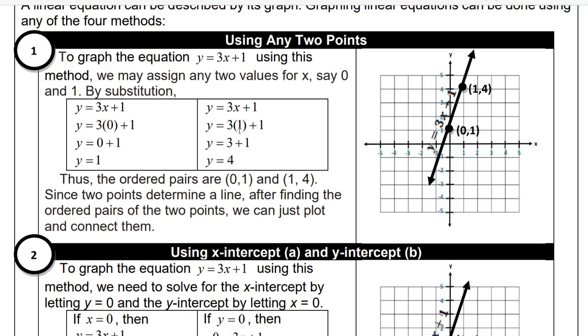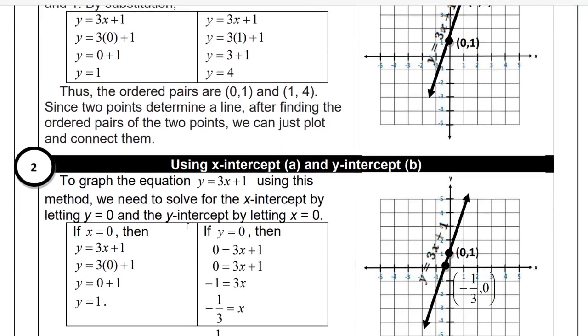So therefore, when x is 1, your y is 4. So just plot the 2 points. Plotting the 2 points, we have when x is 0, 1. When x is 1, 4. Then connect the 2 points. Then that is now the graph of the equation y equals 3x plus 1.